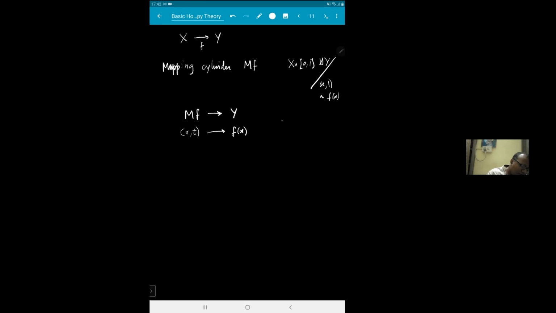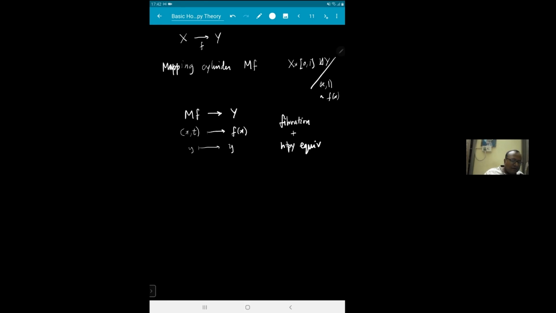This map is a fibration and a homotopy equivalence. In fact Y is a deformation retract. The inclusion of Y is a deformation retract. I should also say where Y goes: Y will just go to Y.